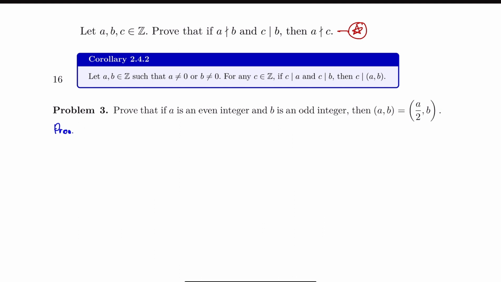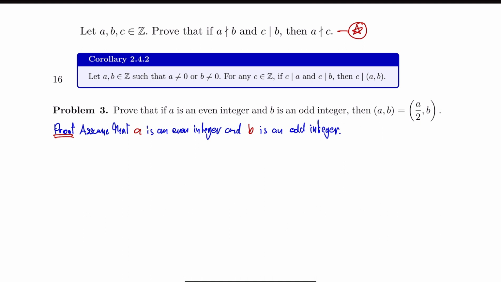So we have to assume that a is an even integer and b is an odd integer. Okay, then what do we have?